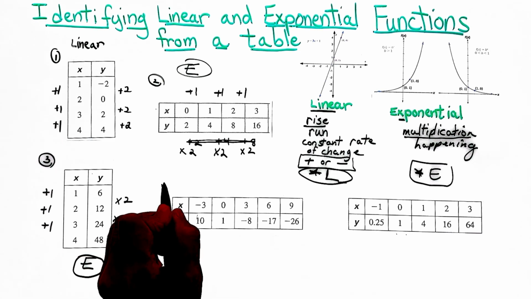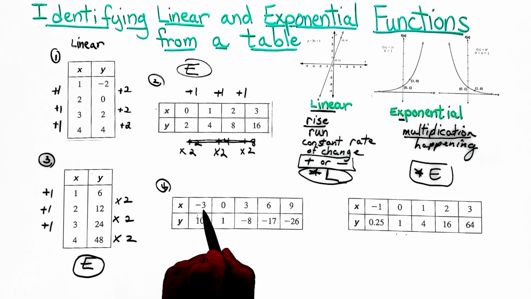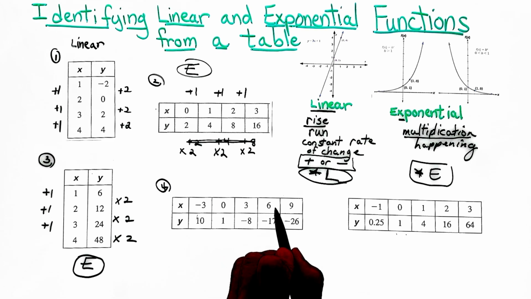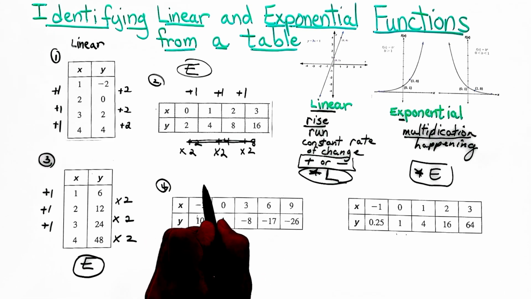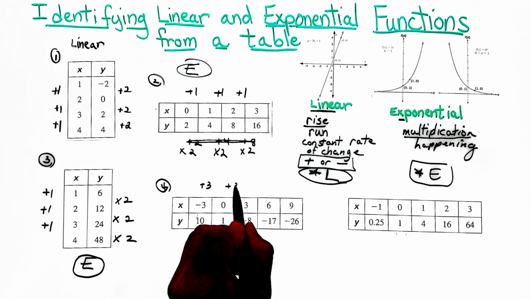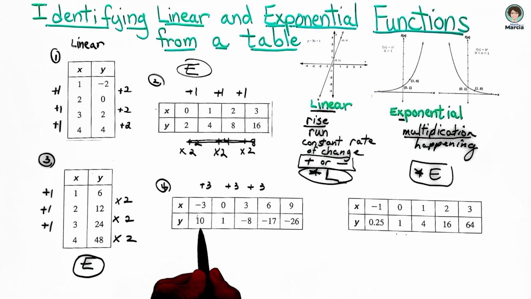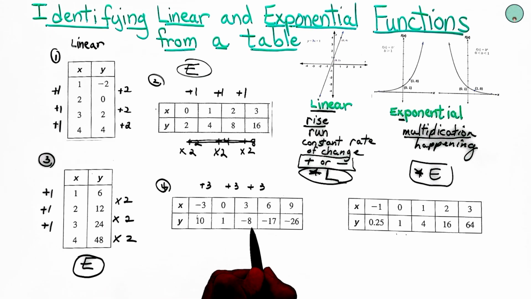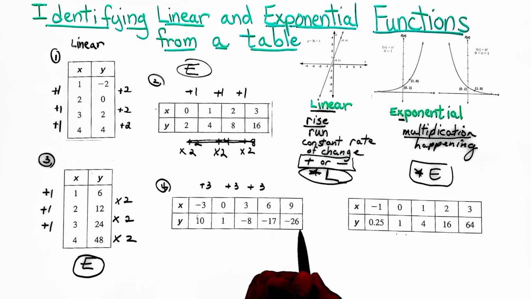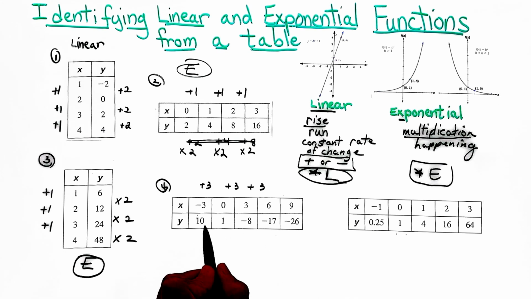Looking at number 4, I see I have a -3, a 0, a 3, a 6, and a 9. Well, each one of these, I was adding 3 each time. So now let's look at the y's. I go from 10 to 1 to a -8, a -17, and a -26. Well, going from 10 to 1, I see I am subtracting 9.